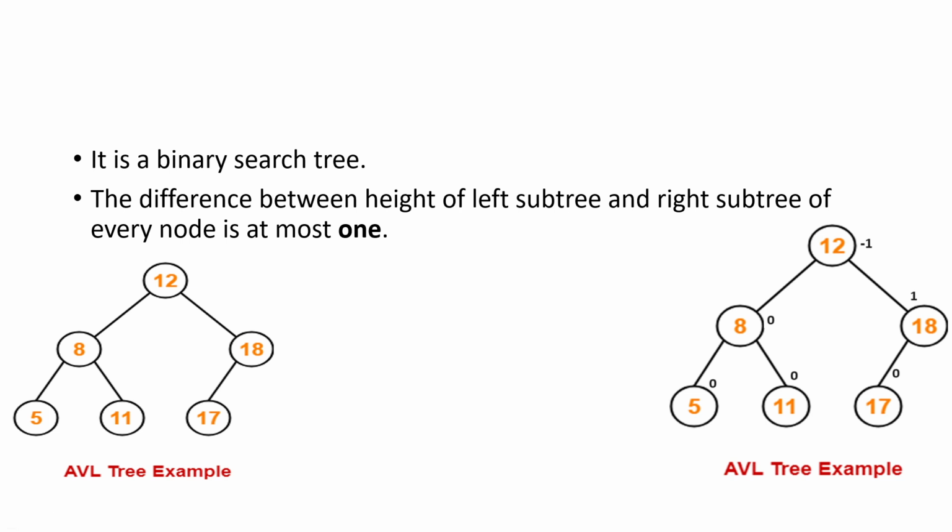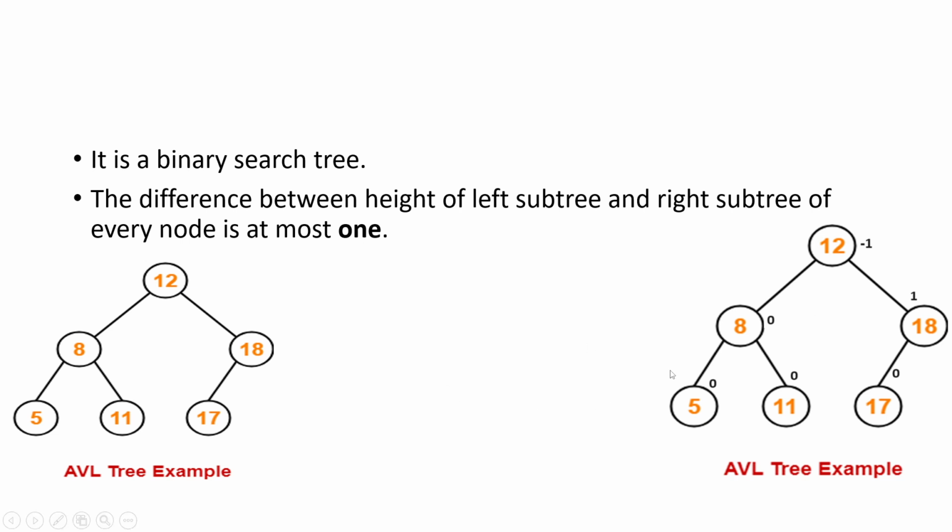The balancing factor is computed as the height of the left subtree minus the height of the right subtree. For an external node, the height is 0, so the balancing factor is 0. In this case, nodes 5, 11 and 17 are external because these three nodes do not have child nodes. That is why the balancing factor is 0.